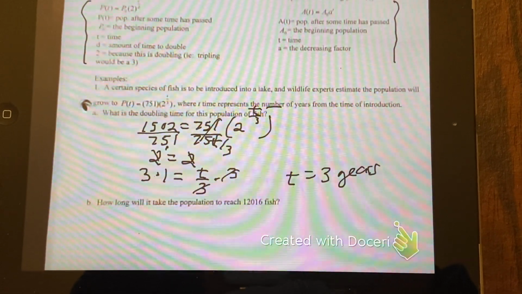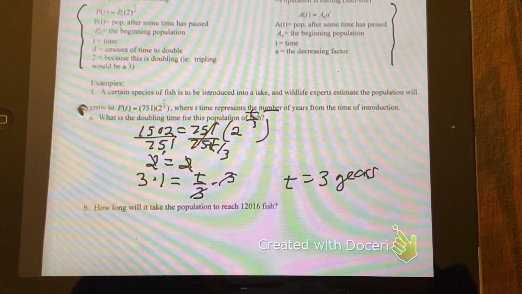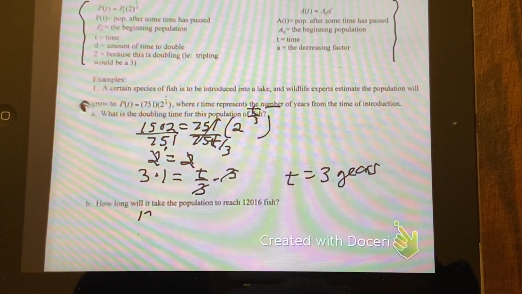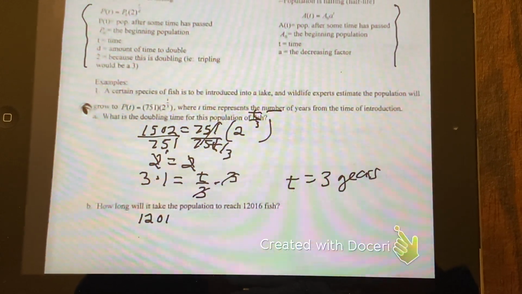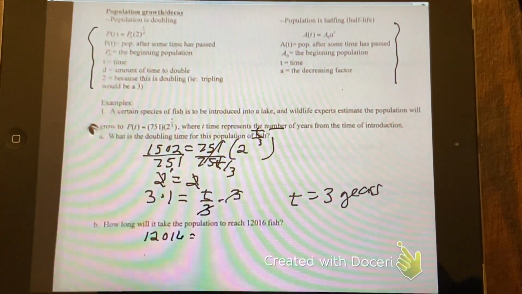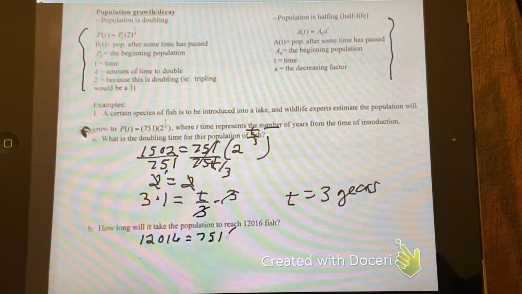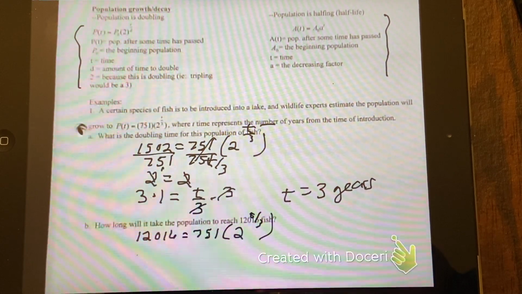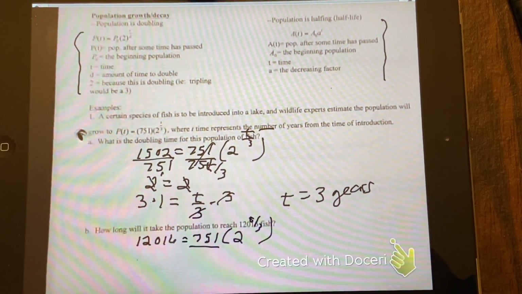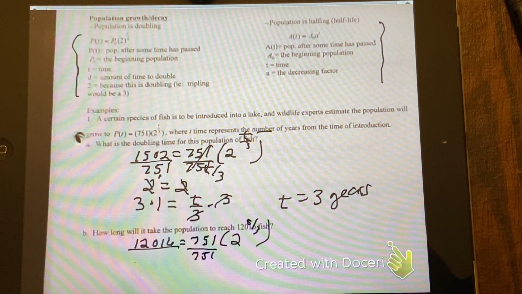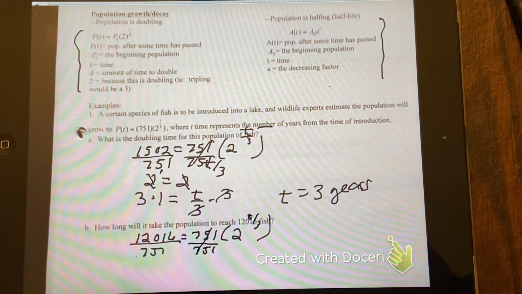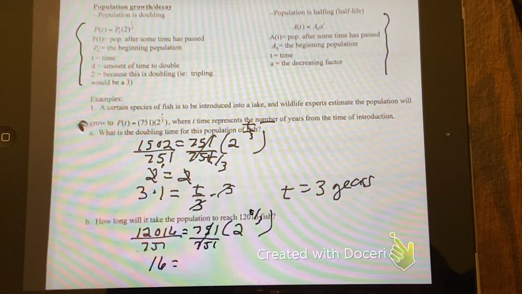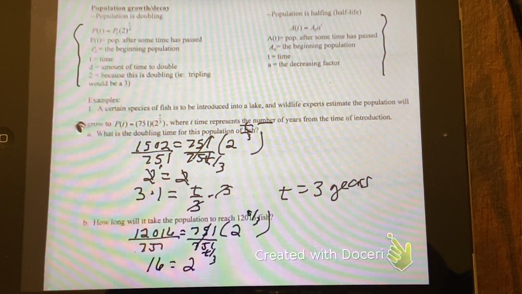The next question says, how long will it take the population to reach 12,016 fish? Well, I'm doing the same thing. 12,016 is equal to 751 times 2 to the T over 3 power. When I divide by 751, I get 16 is equal to 2 to the T over 3 power.